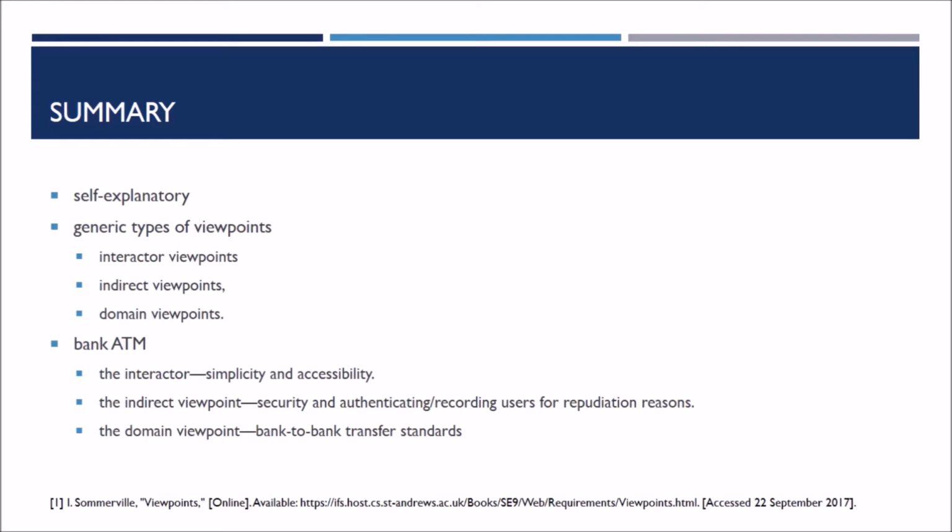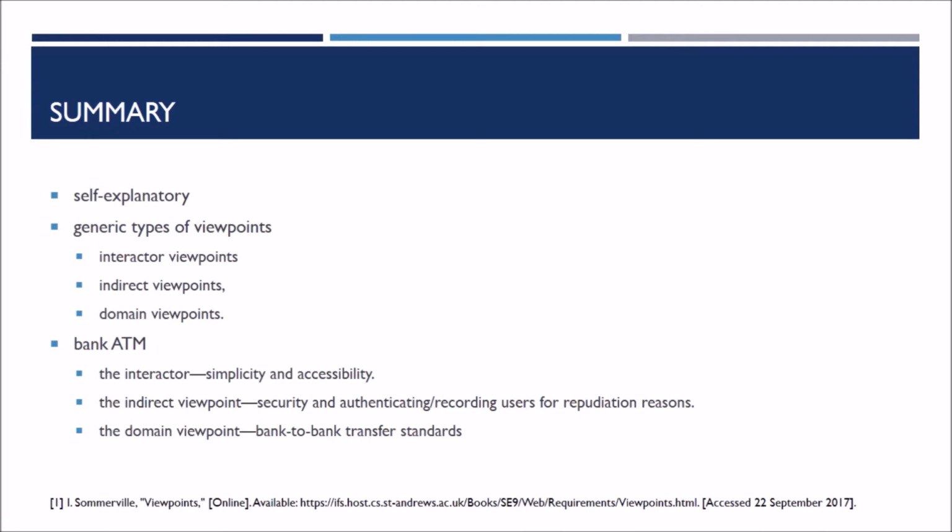And then the domain viewpoints would be outside constrictions, such as standards that need to be included in the product, but don't necessarily mean a person, if that makes any sense.